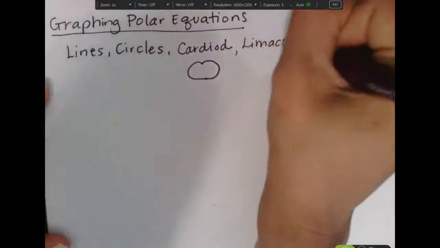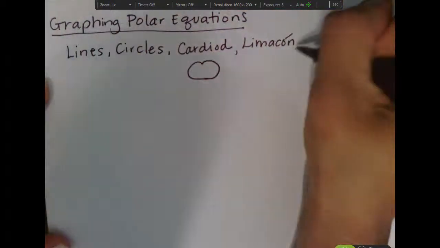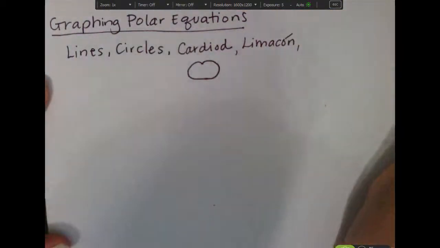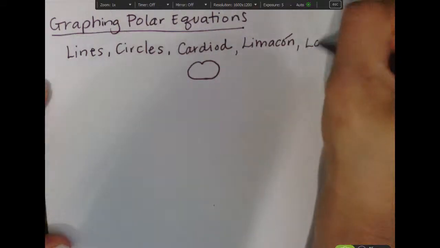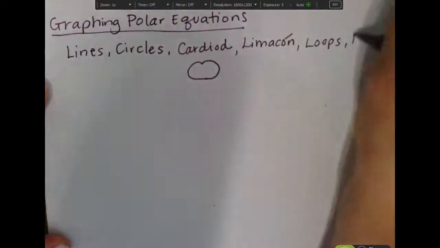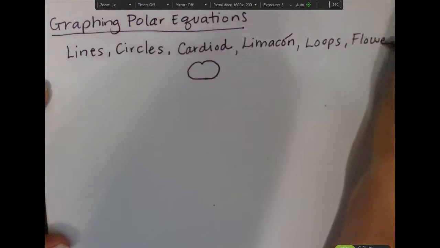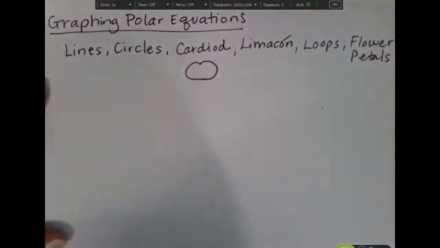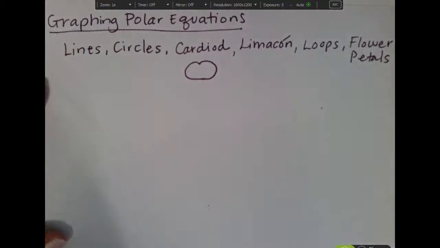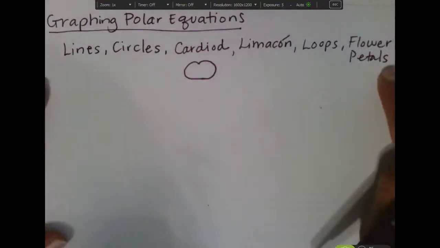You can get something called a limaçon. You can get different loops or flower petals, things that look like flower petals. So some of these names are really official, and some of them are much more loose.